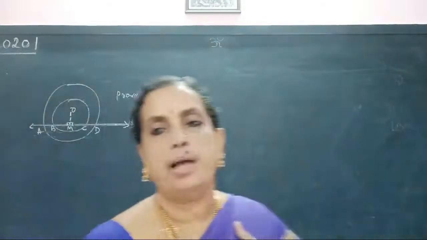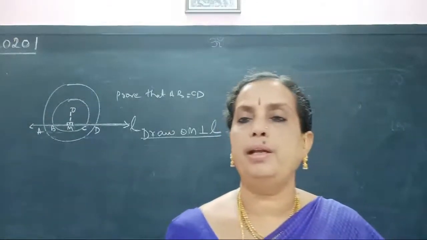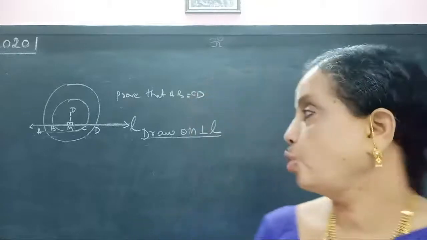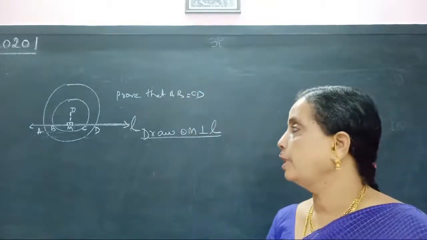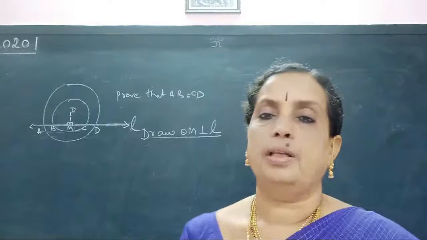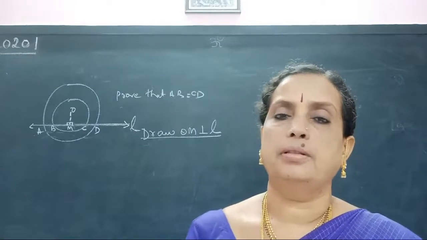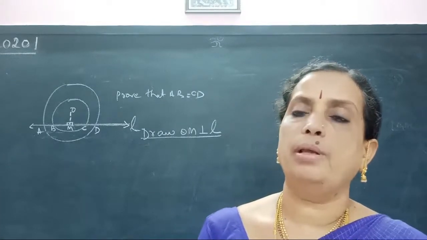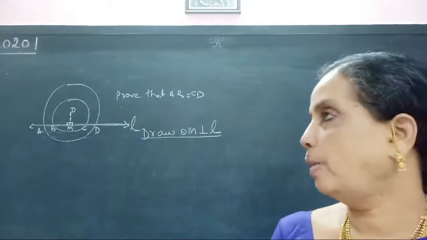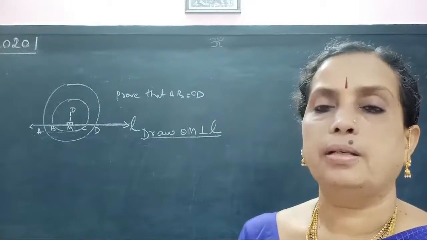So here the construction, draw OM perpendicular to L. Can you just imagine which property we need here to show AB equals CD? Any guess? Which property is applicable here?